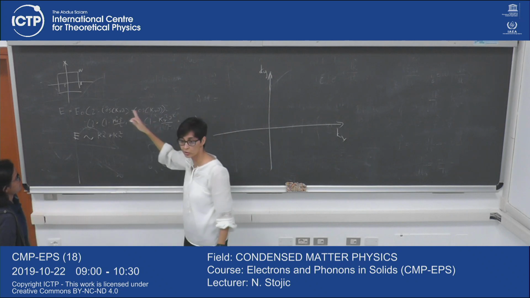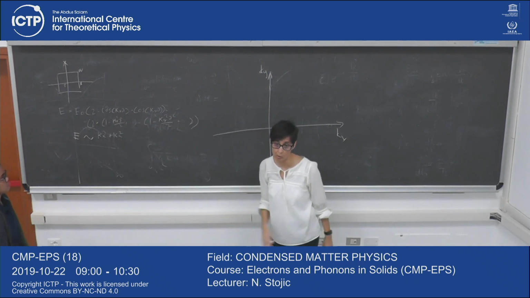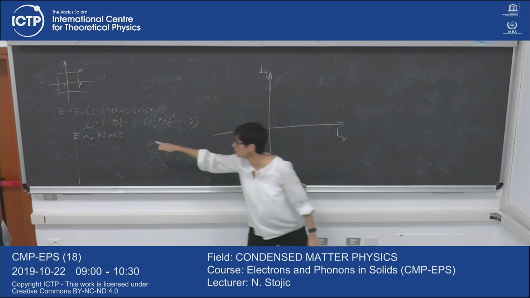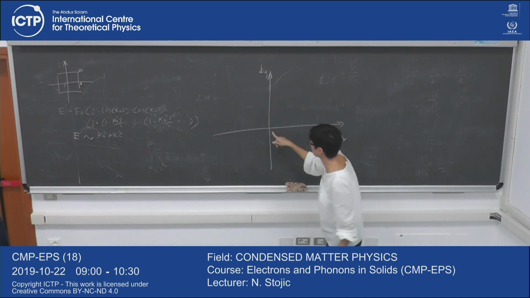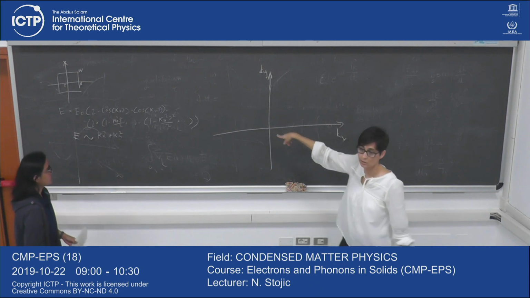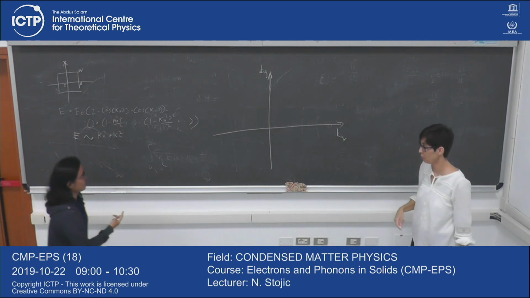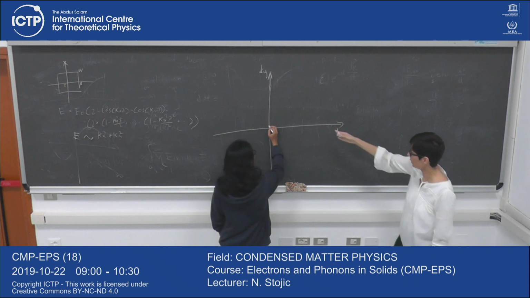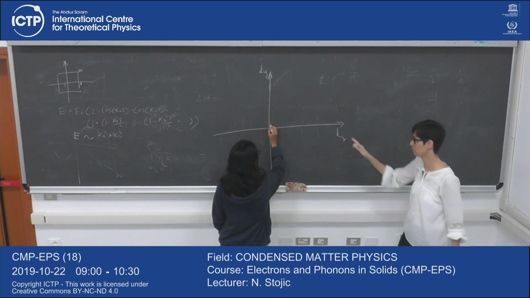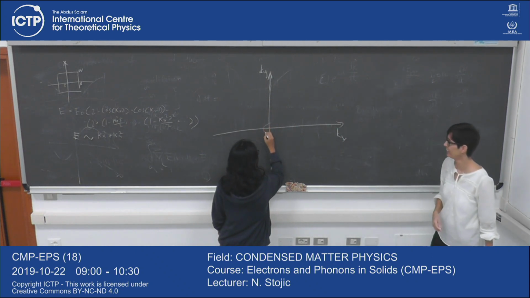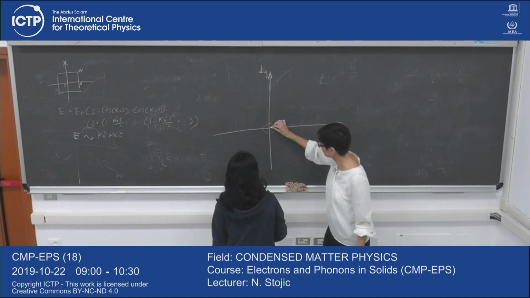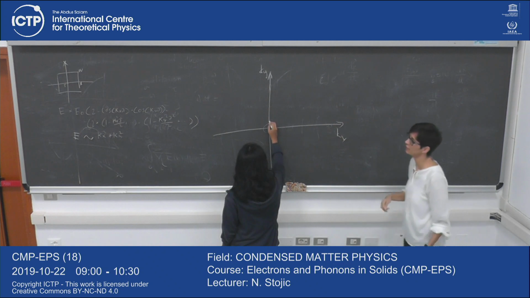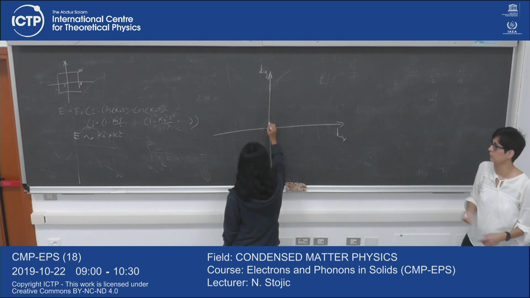Okay, so for small k, this is the equation of a circle. So around the gamma point, you can draw small circles, a few of them, even small ones, as long as k is small.